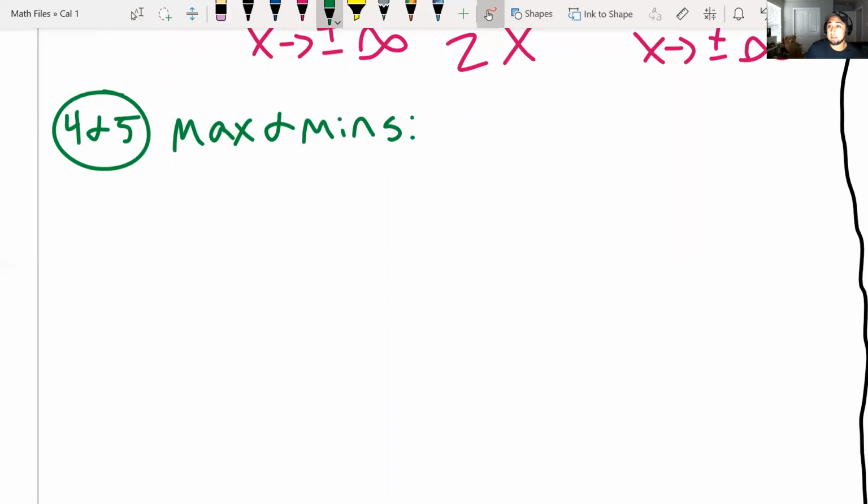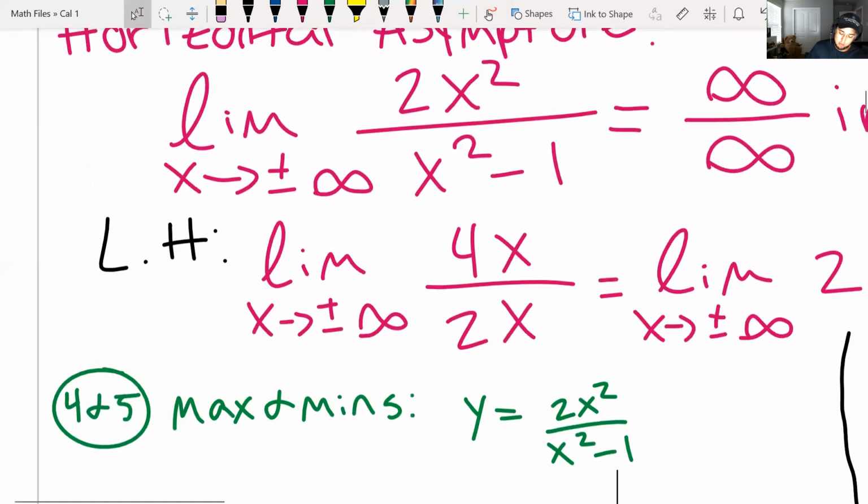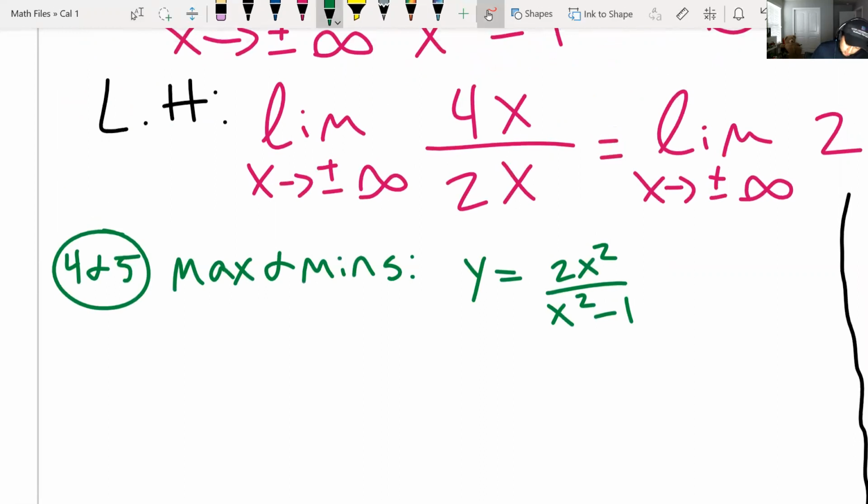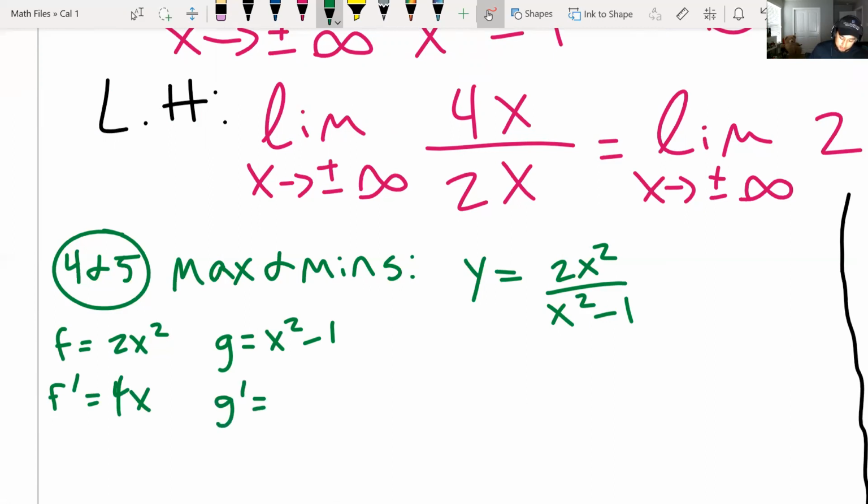So let's take the derivative. The function is y equals 2x squared over x squared minus 1, right? Now we will quotient rule this. f is 2x squared. g is x squared minus 1. f prime is 4x. g prime is 2x.